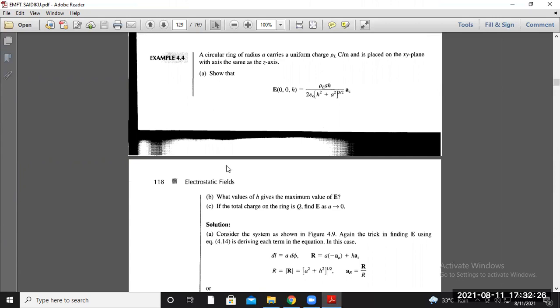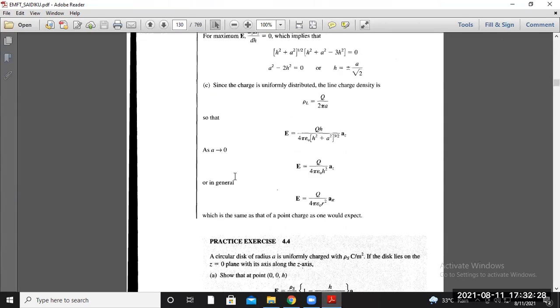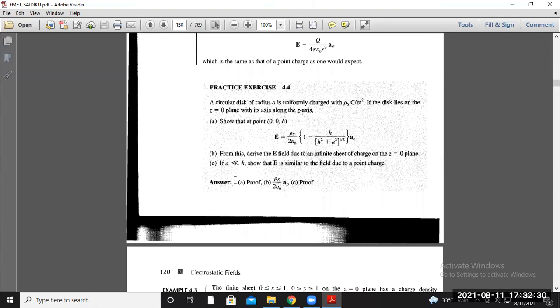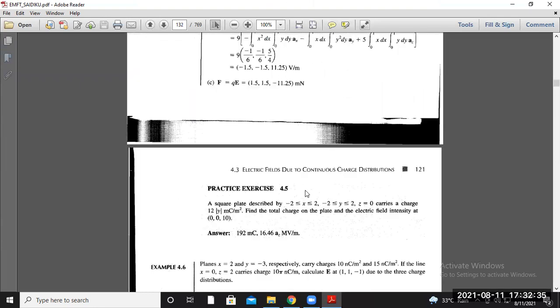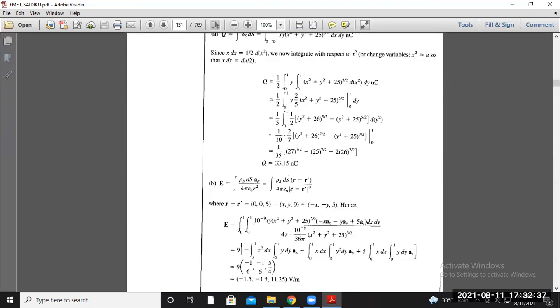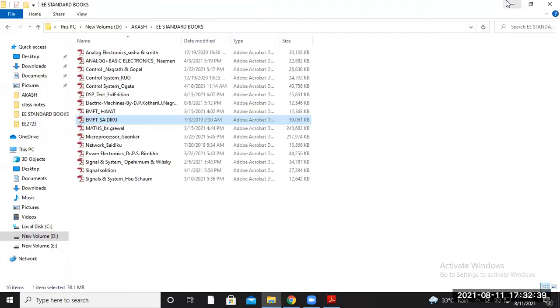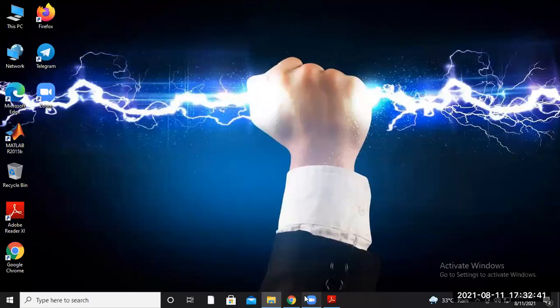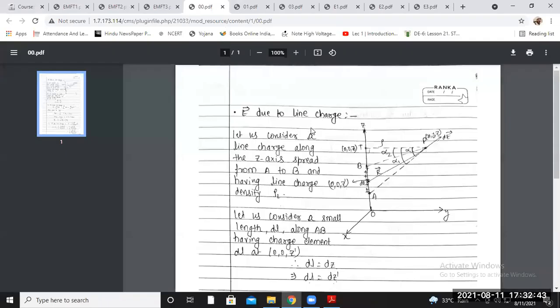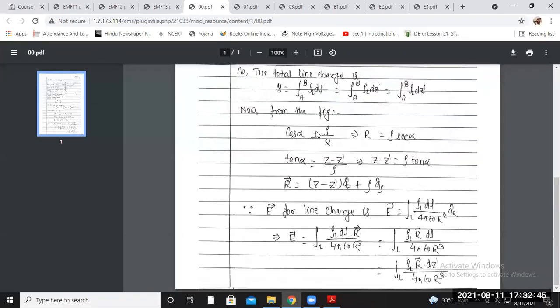This is the derivation part. We don't have any line charge derivation here, so let us discuss some of the basics first. The line charge derivation is completed.